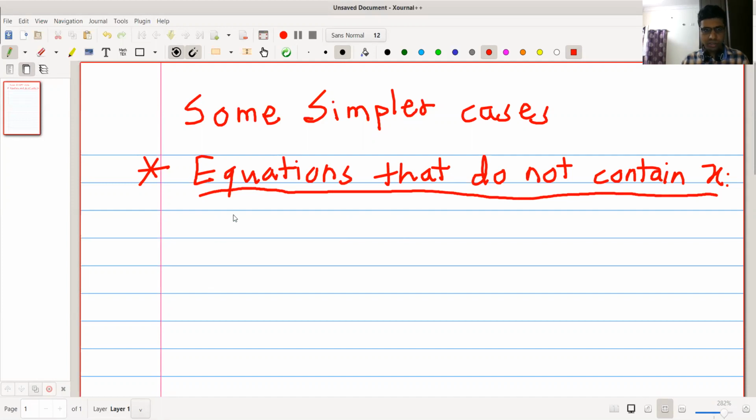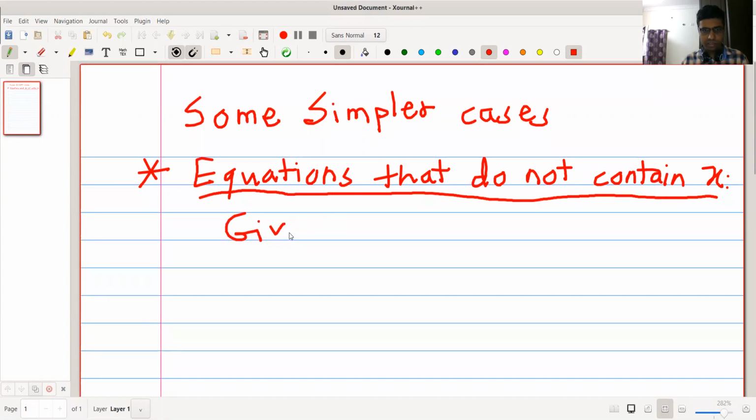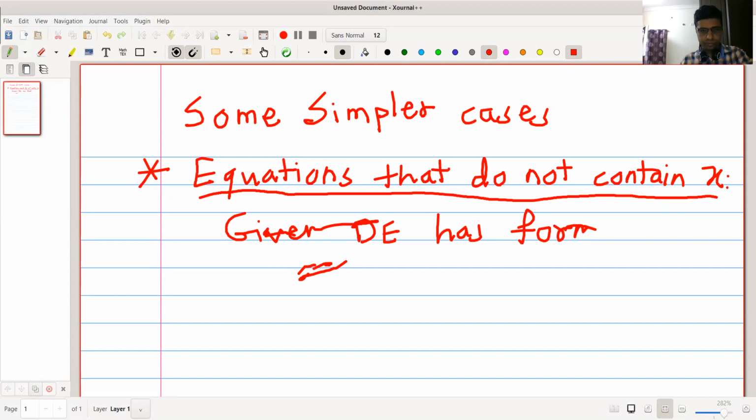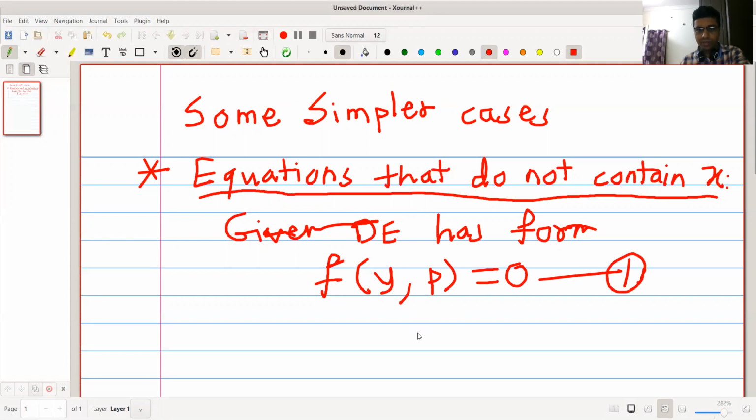That means the given DE has the form f of y comma p equal to 0. So it contains y and p only.